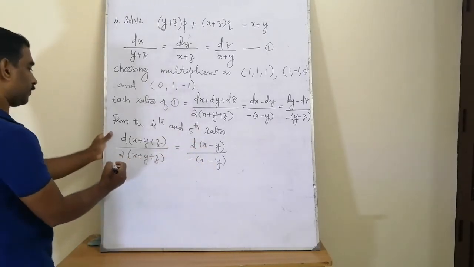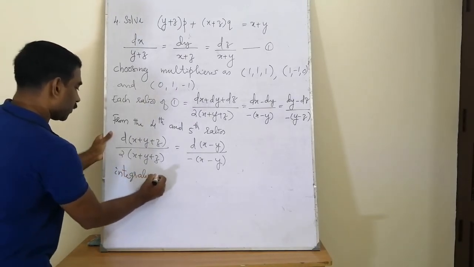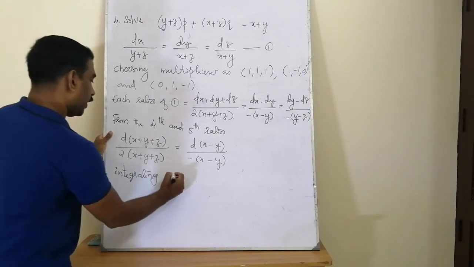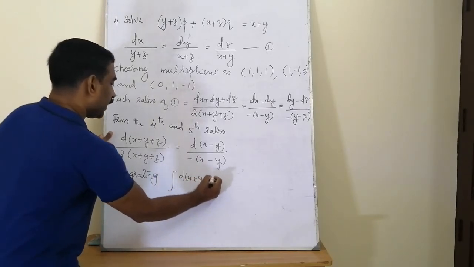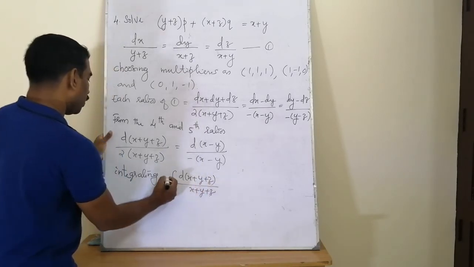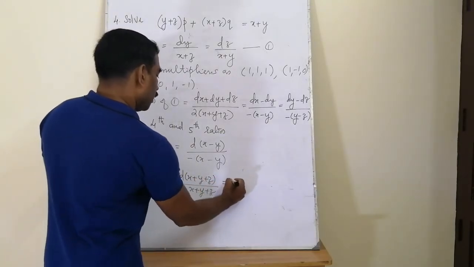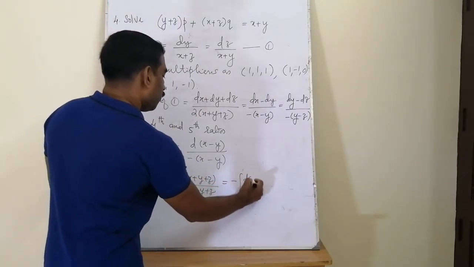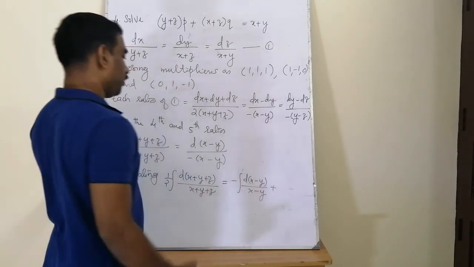On integration, integrating we get integral of d of x plus y plus z by x plus y plus z. We can remove the constant 1 by 2 outside, is equal to minus of d of x minus y divided by x minus y plus some constant.